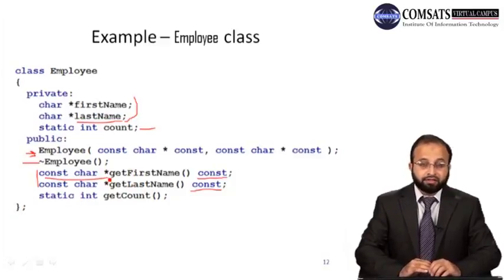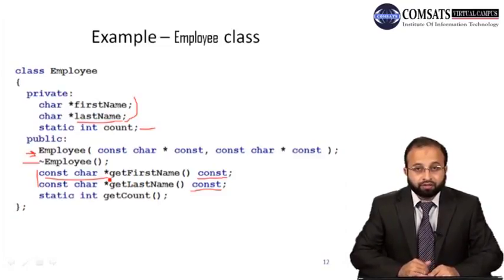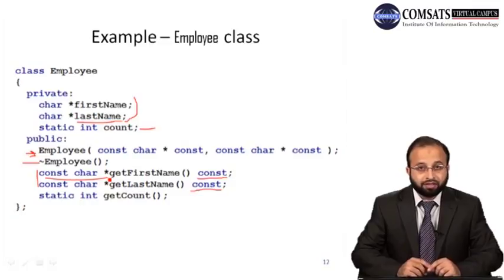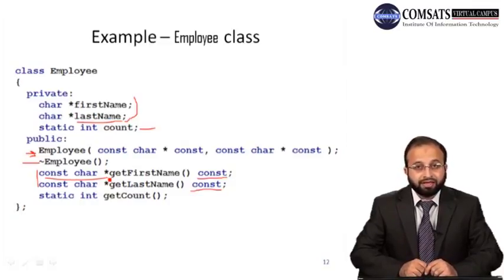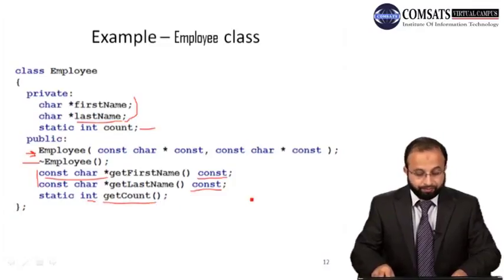A const character pointer is a pointer that points to a constant character. So you cannot change those characters with the help of that pointer, right? Then we have a static function whose return type is int and whose name is getCount, right?